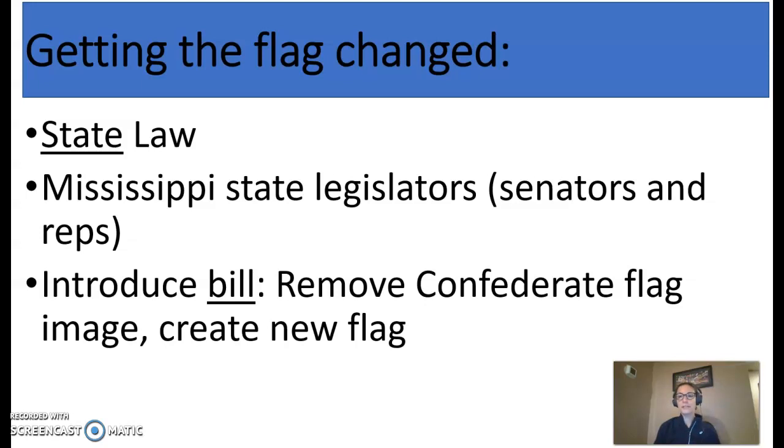That was a new bill introduced just this past summer to change the Mississippi state flag and come up with something new. Now, if you look up the history of Mississippi, this has been tried before and it never passed, but something different happened this summer.